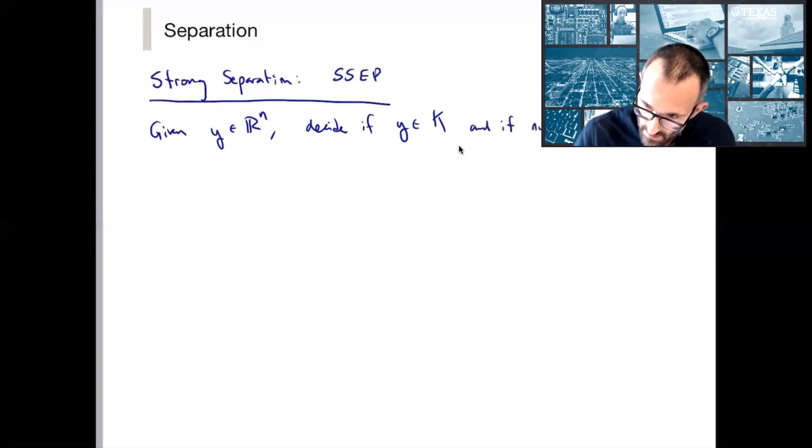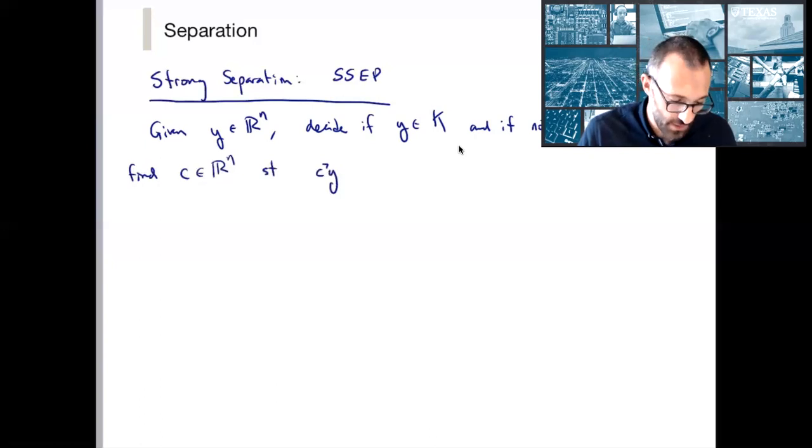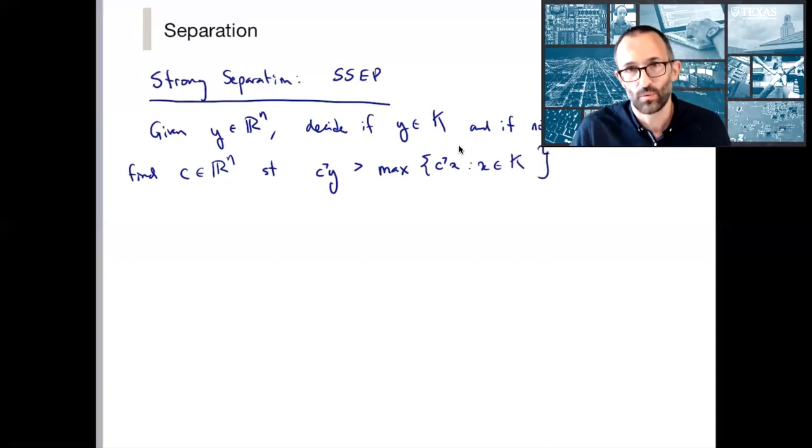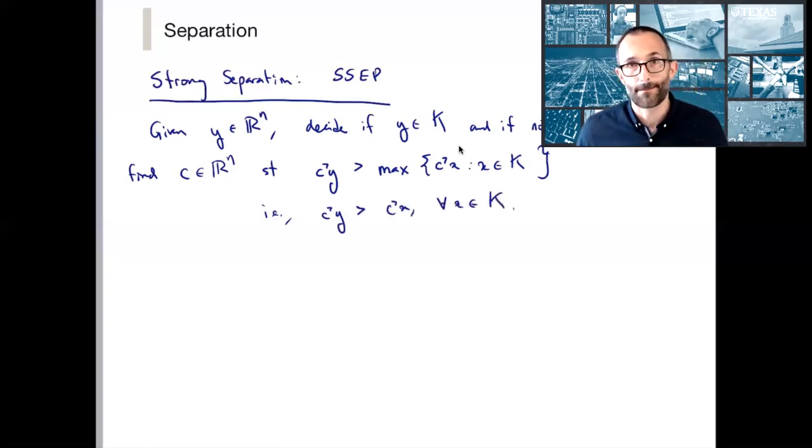And if not, find some vector C in Rn such that C transpose that given vector Y is bigger than the max of C transpose X such that X in K, or really what this is saying is that C transpose Y is bigger than C transpose X for any X in K.